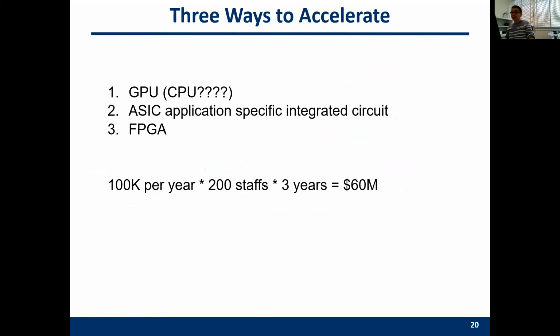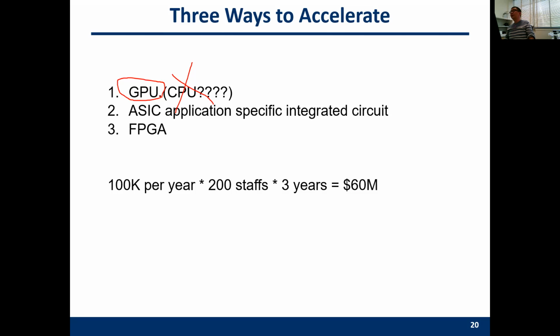And we talked about the possible hardware solutions for the convolutional neural network. CPU is too slow, so we don't consider CPU anymore. The success of the convolutional neural network, CNN, is actually enabled by GPU. So it's the baseline, the conventional solution for the CNN.